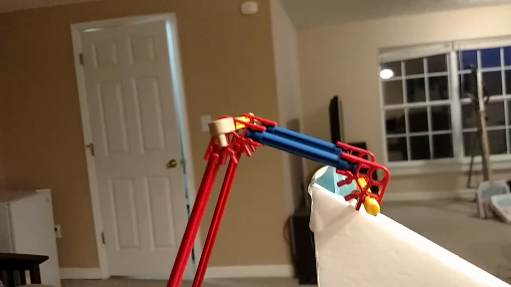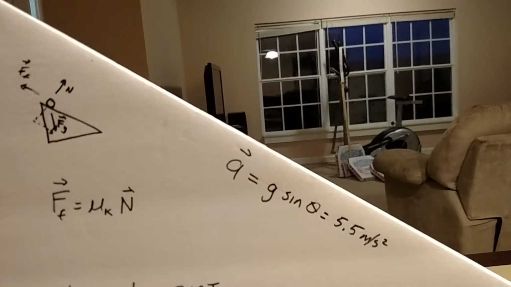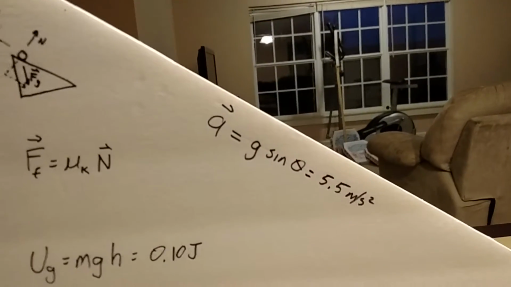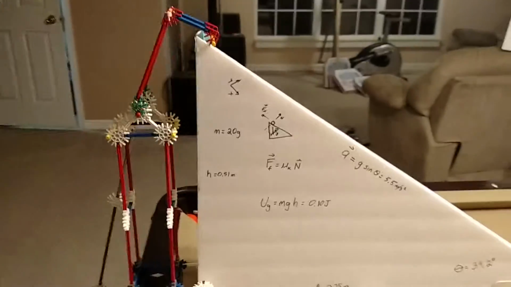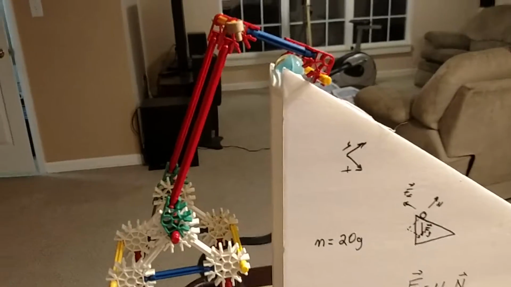But we could calculate that the force due to gravity in the x component is equal to g times the sine of theta, which is equal to 5.5 meters per second squared in this case. But I'm going to look at it through kinetic energy and potential energy.